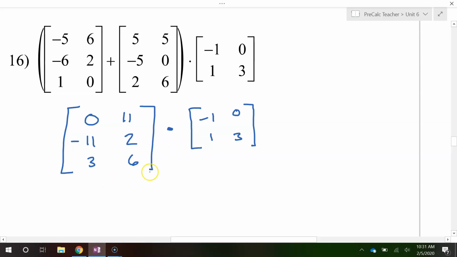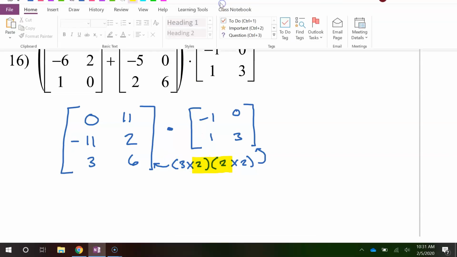So the first matrix has dimensions 3 by 2, because it has 3 rows and 2 columns. Now, the second matrix has dimensions 2 by 2. In order for matrix multiplication to be possible, the inner dimensions must be the same. So, because the inner dimensions are both 2, this matrix multiplication is possible.